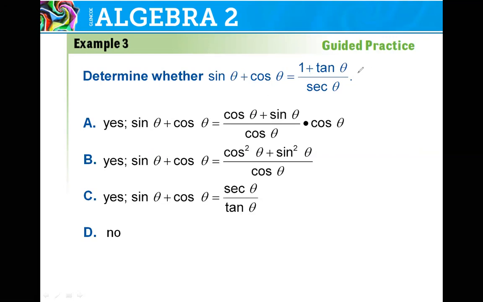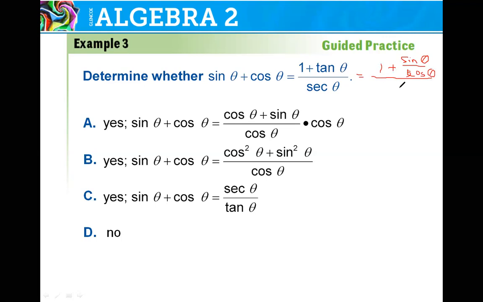You can open tan, make it sine over cosine. So the first step here, 1 plus tan means 1 plus sine over cosine theta. And then the secant, do we make it one of the basic trigonometric functions?